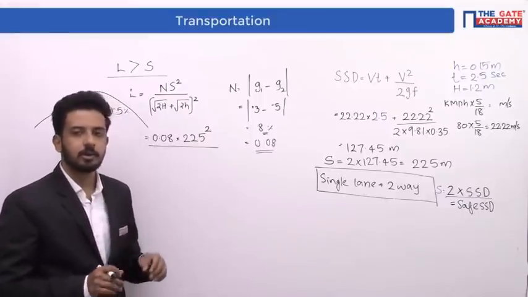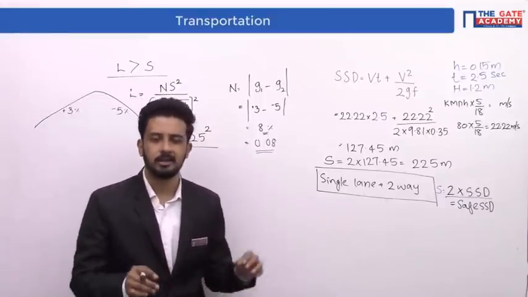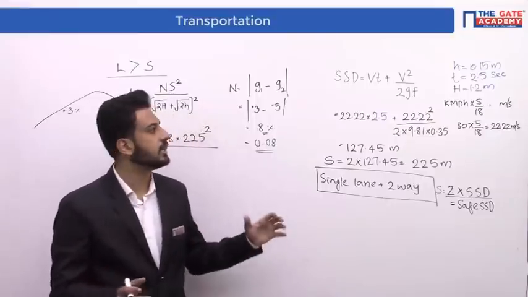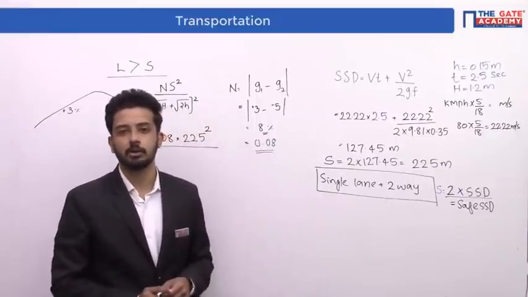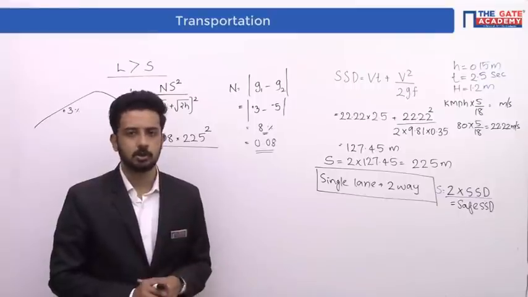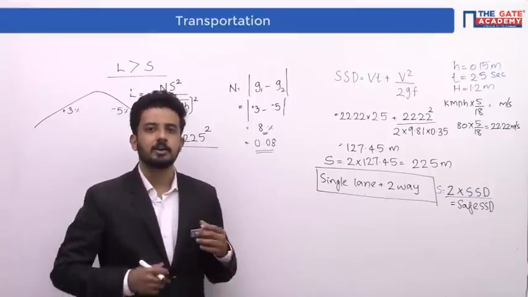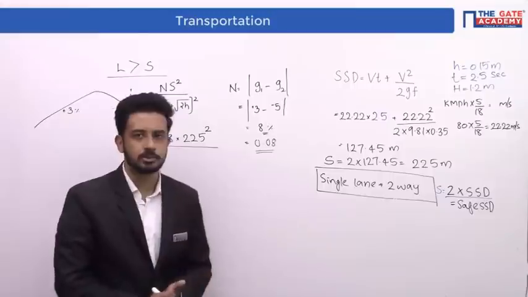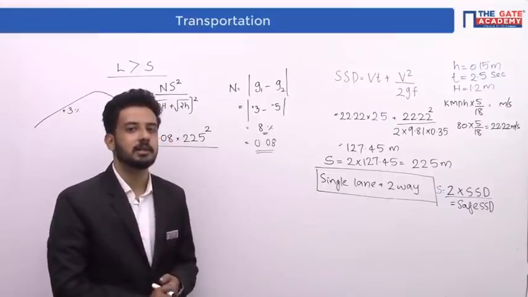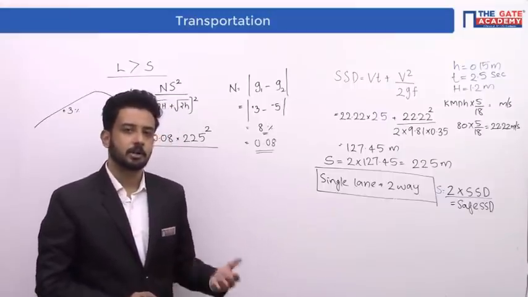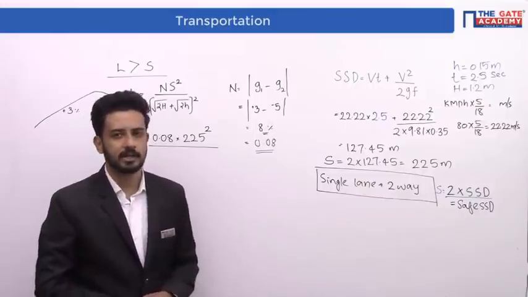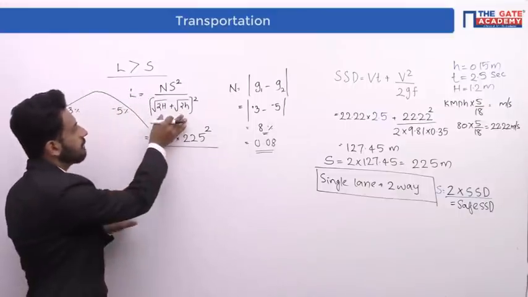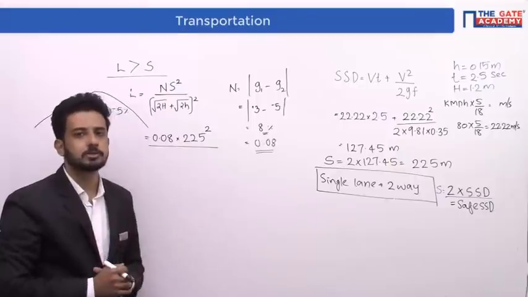See, I told you, most probably 99.9% they will not give the value of capital H and small h. So definitely we have to substitute those values of 1.2 meter for capital H, 0.15 meter for small h. So every time we may be substituting those values only.